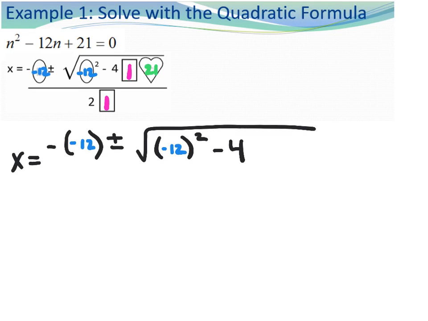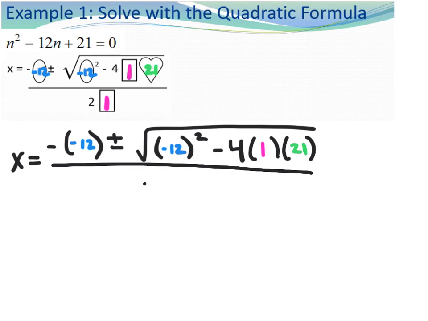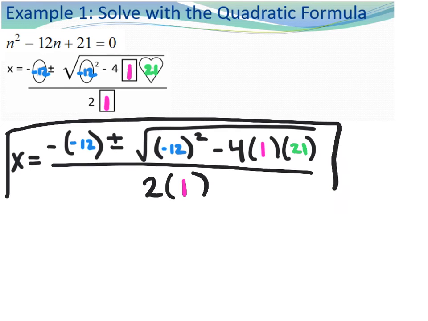Next is the box with the 1, so I can put parentheses for the box and fill in a 1. Then I have the heart with the 21, so I can make the heart into parentheses, so it would be 21 all over 2 times the box with the 1, so it's times parentheses, a 1. And this would be our final answer for this scenario.